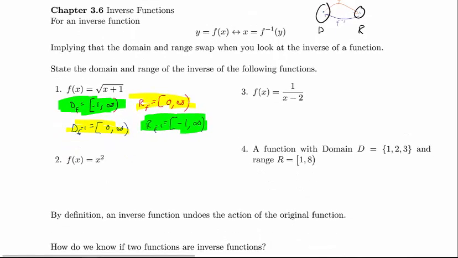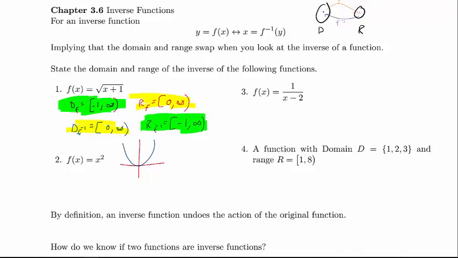Okay, so for number 2, we have to keep one thing in mind for this one that I have not talked to you about yet. These functions must be 1 to 1 because we need a predictive quality for the inverse function.